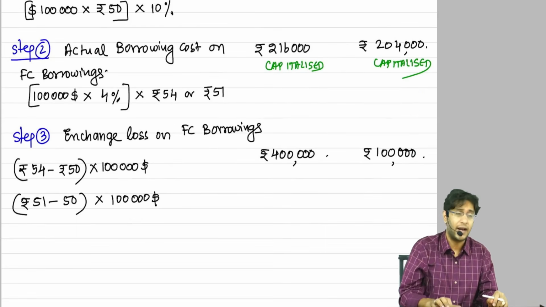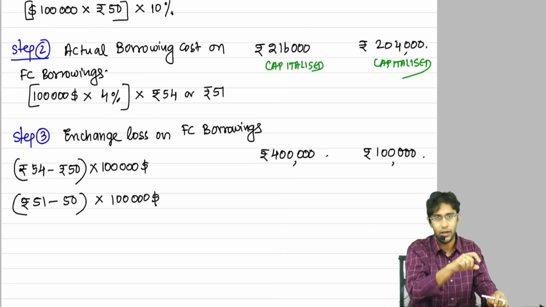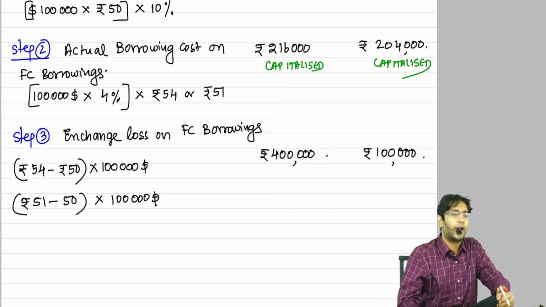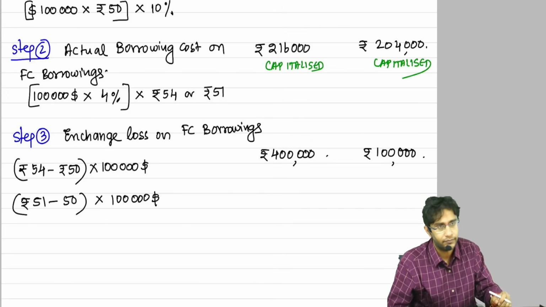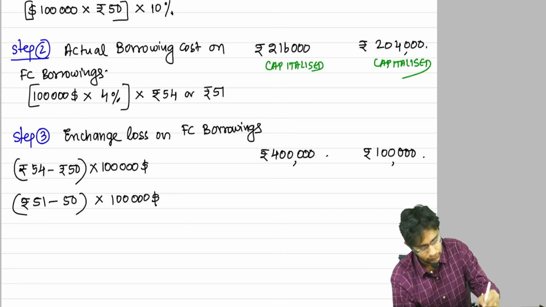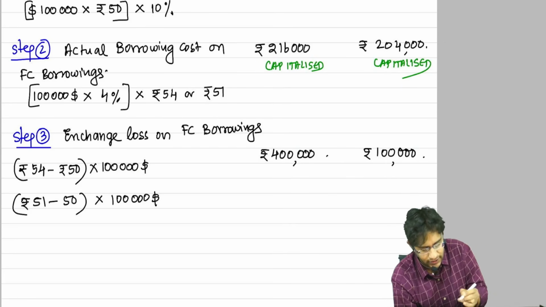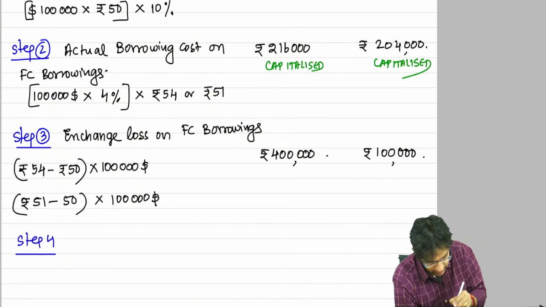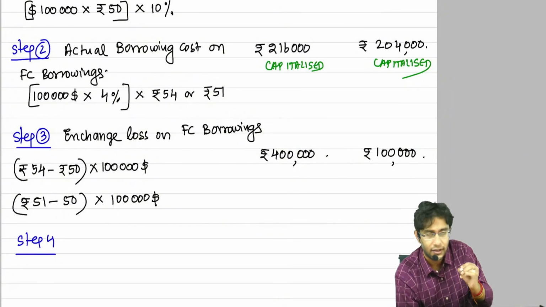Normally, if this standard was not there, if AS16 was not there, the exchange loss would have traveled to P&L account directly. But because AS16 is there and you are capitalizing borrowing cost, step number 4. Clearly write like how I am writing.